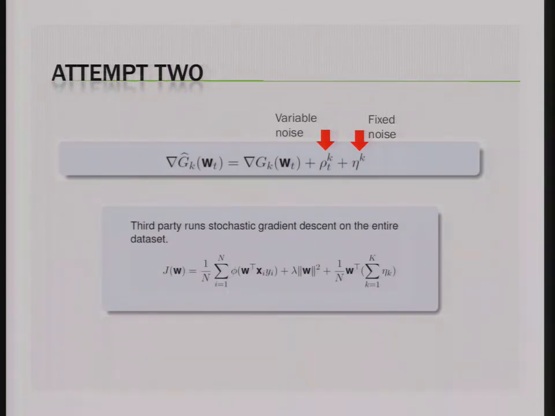So if the third party now runs a gradient descent algorithm, for instance, on the noisy gradients that it receives, what it would basically be minimizing is an objective perturbed version of the regularized ERM. This is exactly the same objective except that there is a noise term that gets added. And this looks similar to the objective perturbation that I described before, except that the noise is a summation over k terms, k parties.